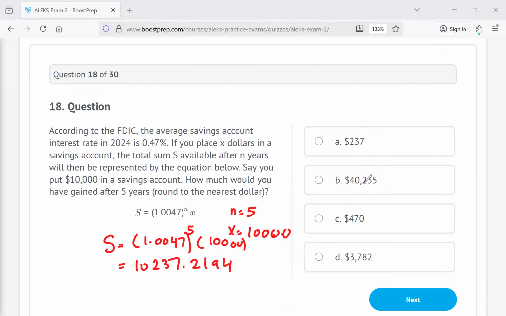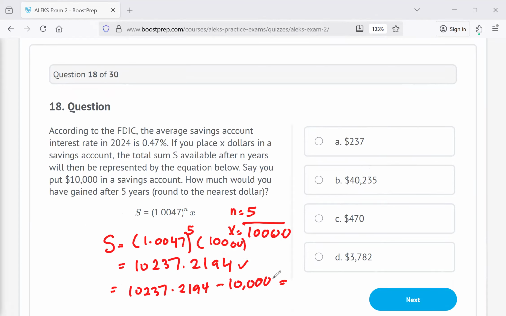Now, you don't see our answers. None of these are this amount, right? But they're asking how much you would have gained after 5 years. If you started with 10,000 and you're left with this, you want to know the growth. So it's just this amount minus your initial amount, 10,000.